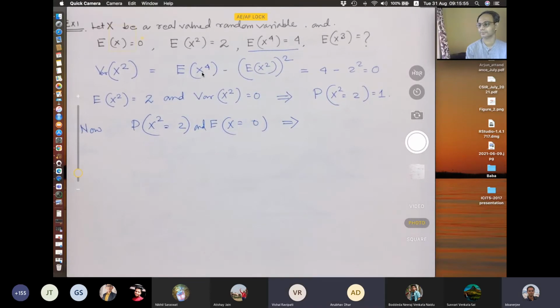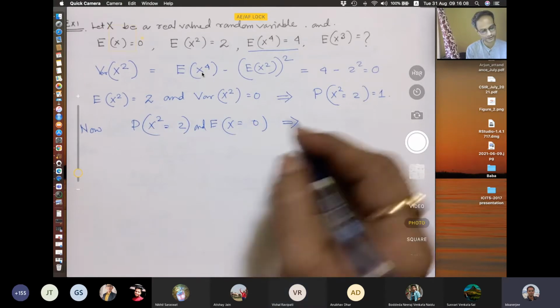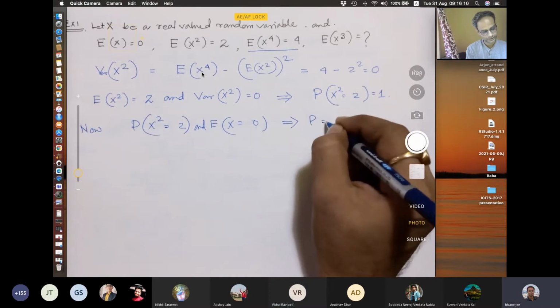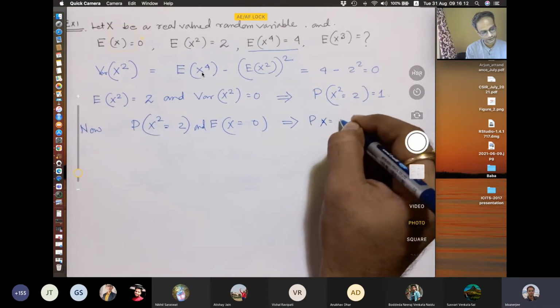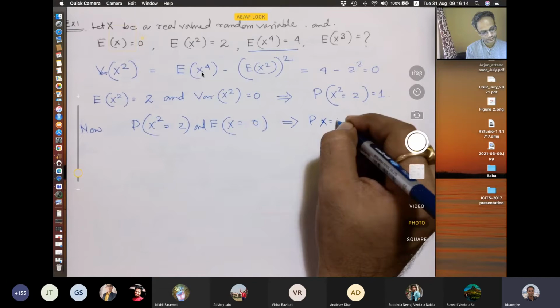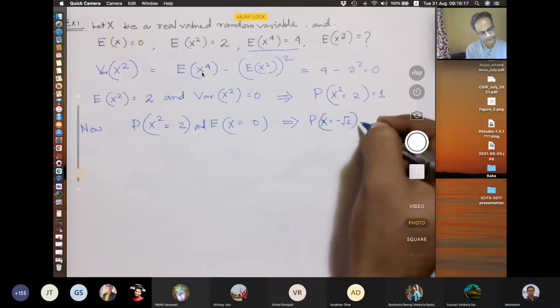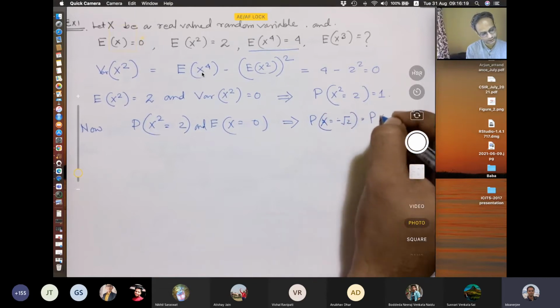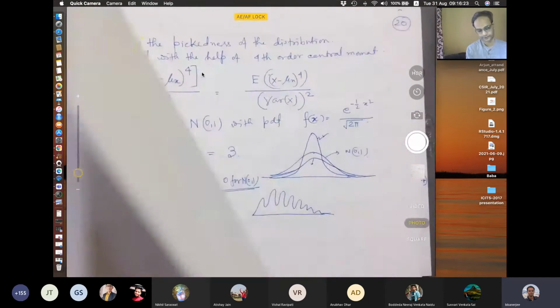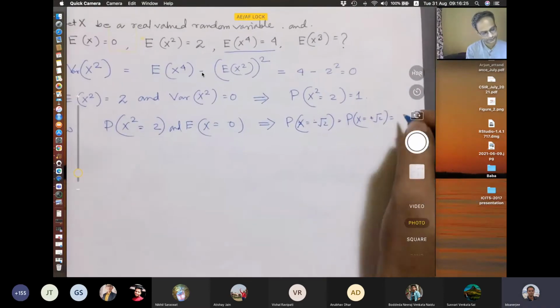It implies that X equals plus root 2 and minus root 2 should have equal probabilities. Probability that X equals minus root 2 equals probability that X equals plus root 2 equals half.